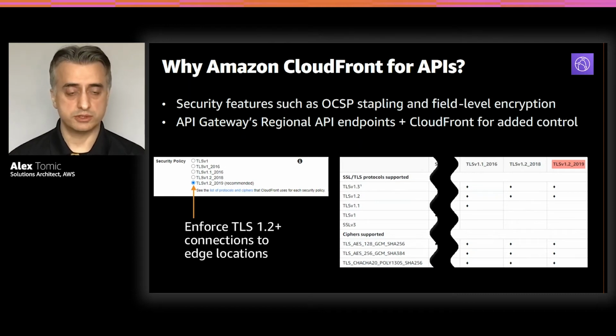You can select a security policy in the distribution configuration that requires TLS 1.2 or 1.3, and that's what we're showing in this screenshot. That would protect your users' data as it traverses untrusted networks. So for example, if your users are transmitting data over, let's say, coffee shop Wi-Fi or some other untrusted network, this would provide additional protection.